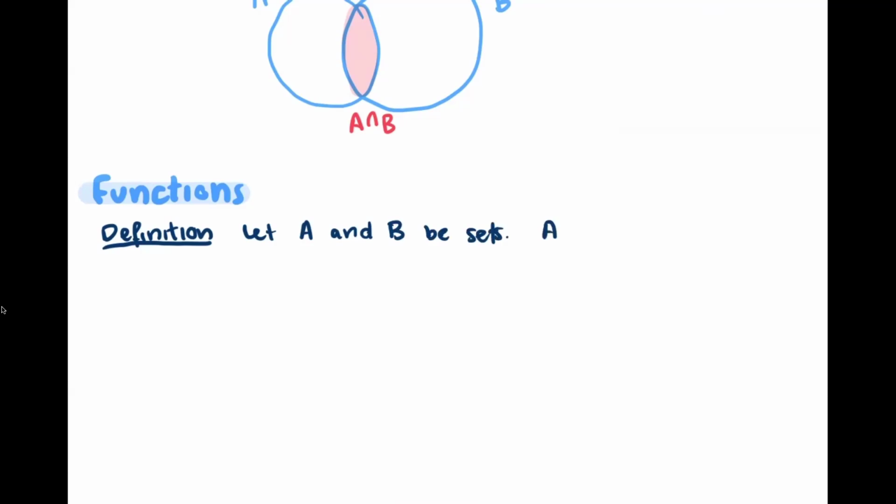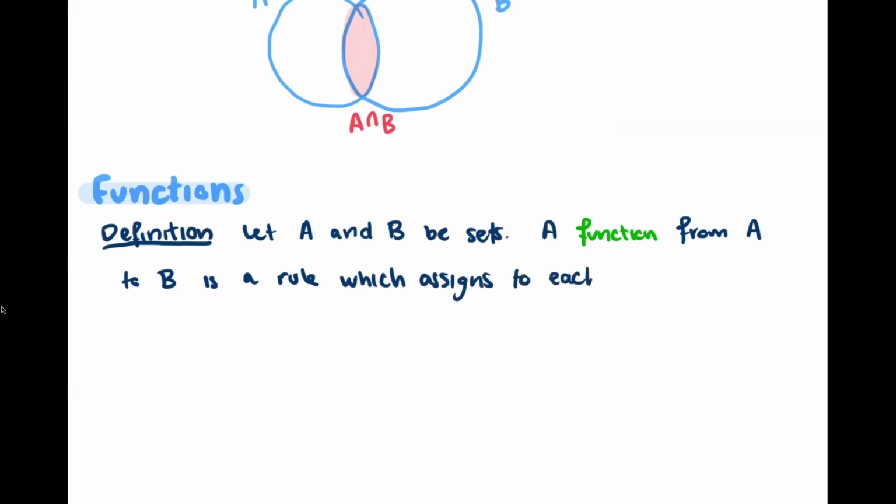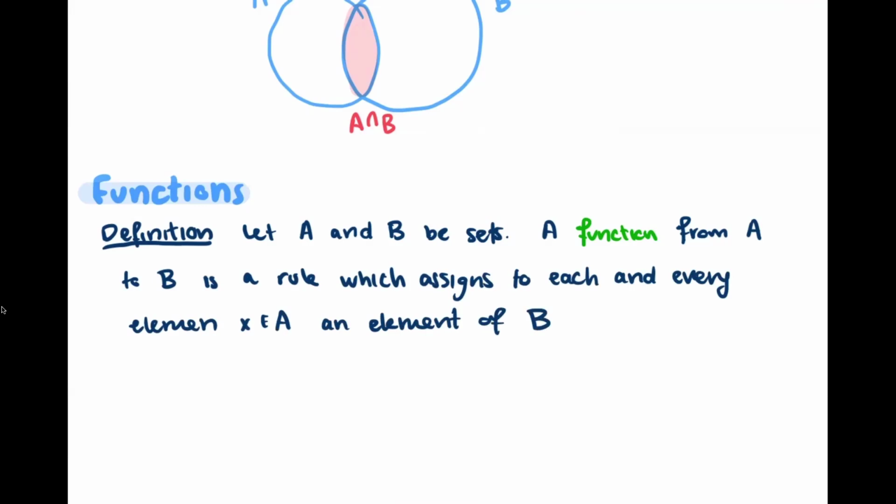Then a function from the set A to the set B is going to be a rule where I'm allowed to input any element of A and it will spit out some element of B. So this is a rule which assigns to each and every element, let's say X in A, an element of the set B, which is usually called f of X.